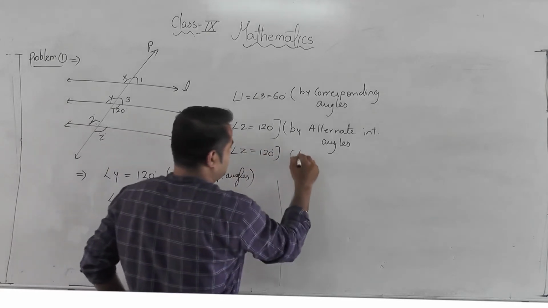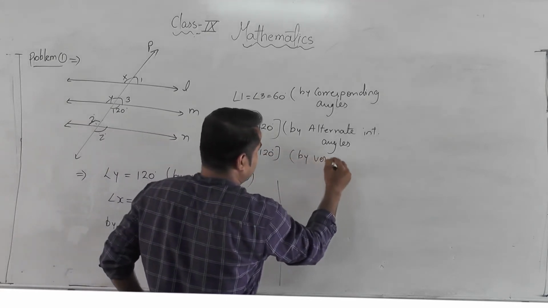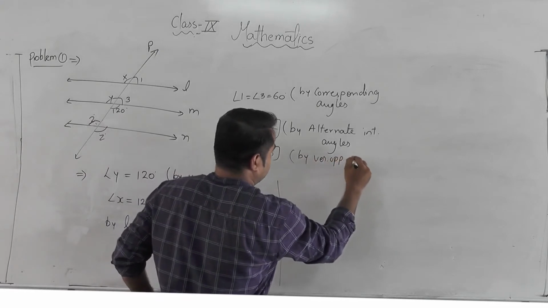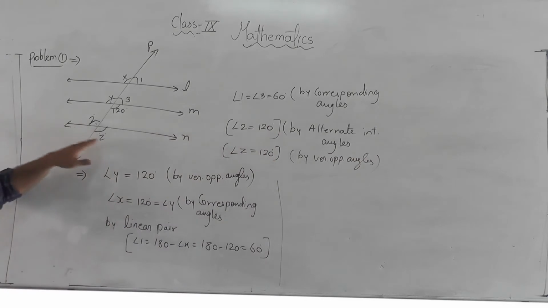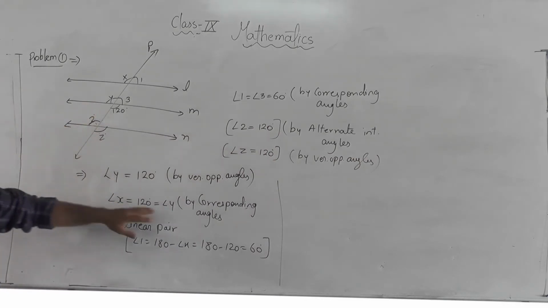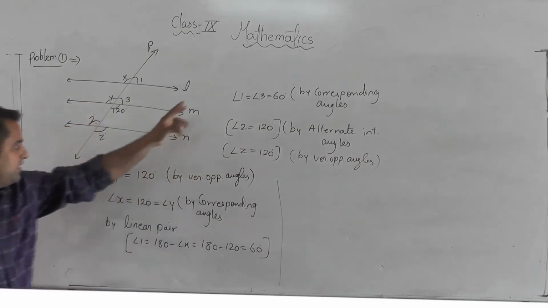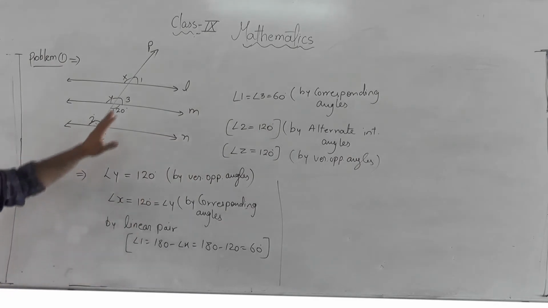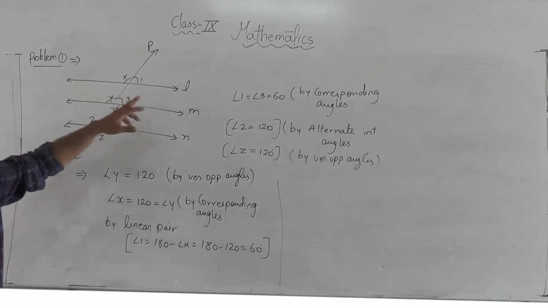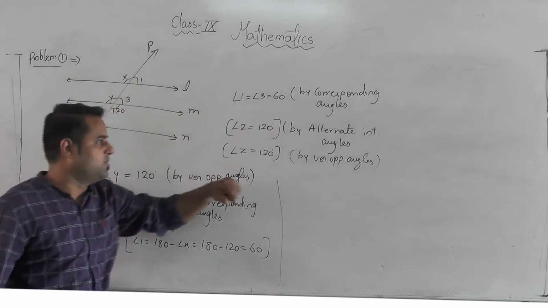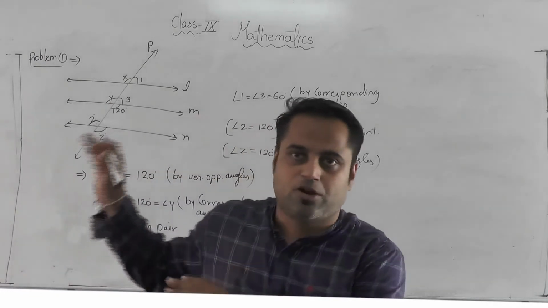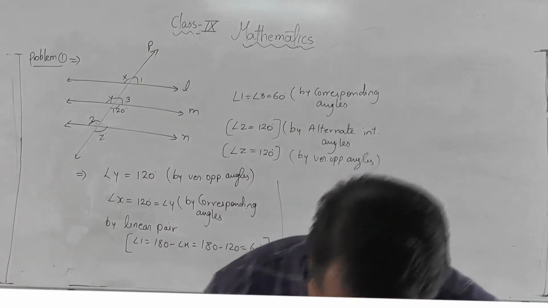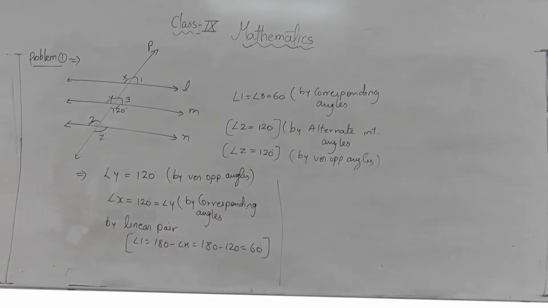So we got the x, y and z values, and angle 1 and angle 2. Angle 3 is remaining, and we already found that it equals angle 1. By applying these properties, we can find all of the angles in parallel lines.